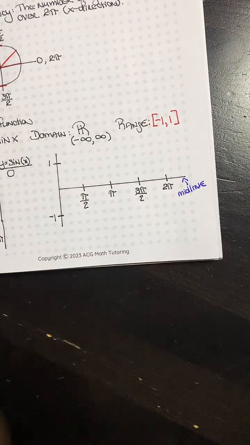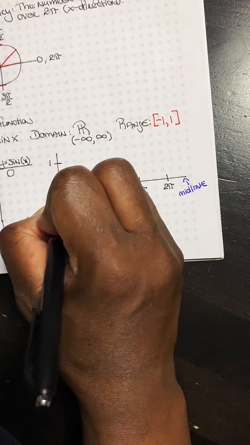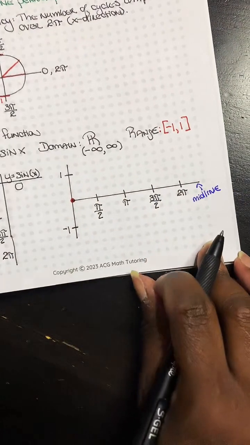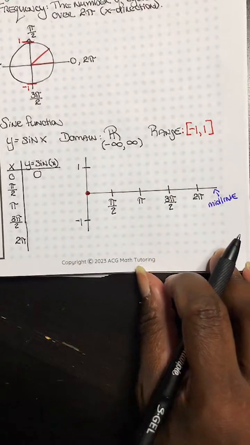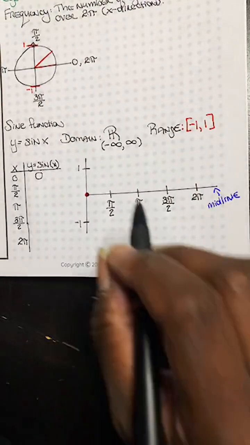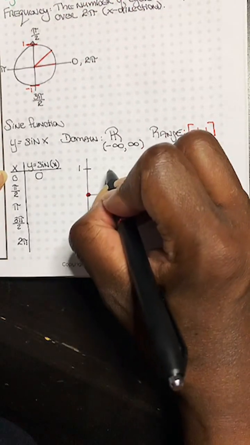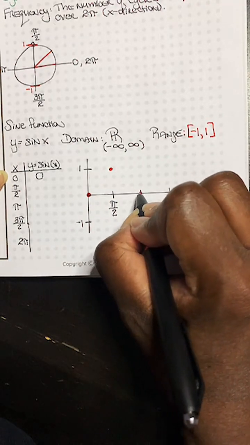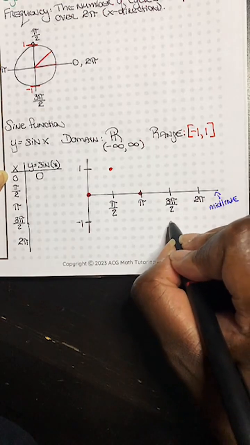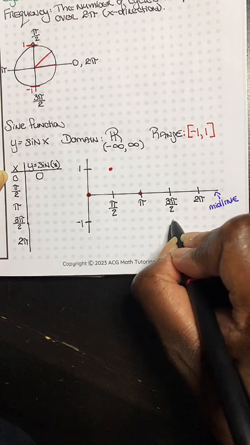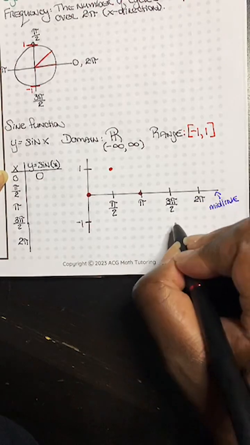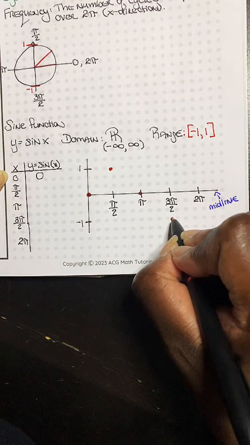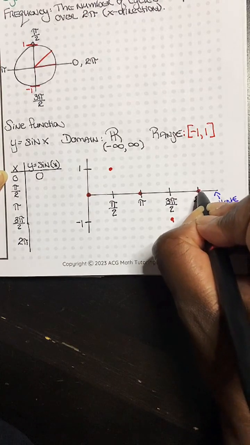The one thing about sine is they always start at 0, 0. It's just a standard regular old sine. It starts at 0, 0. And then it goes up, then it comes back, then it goes down, back, then it goes down, then it comes back.